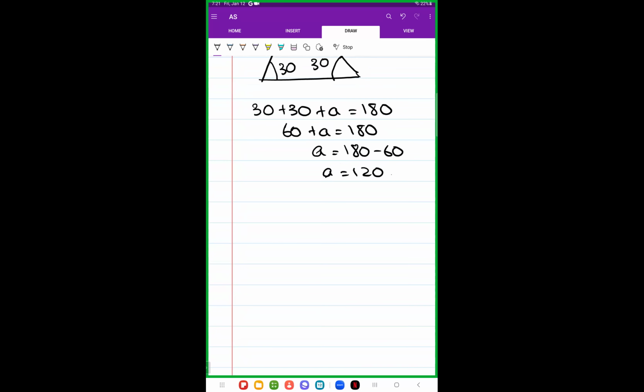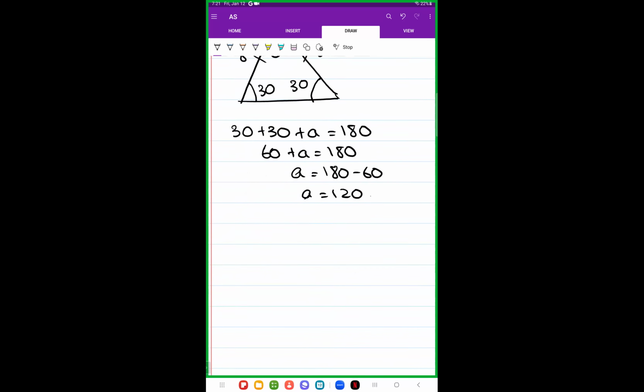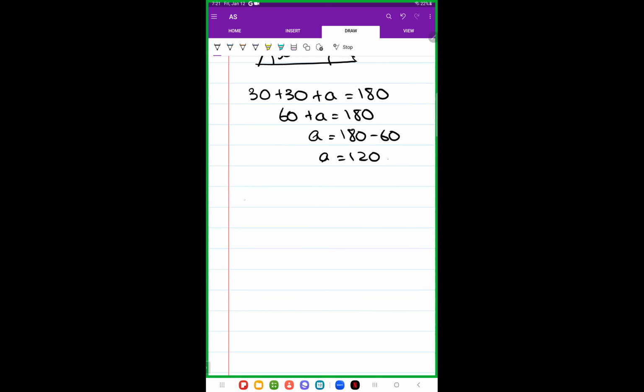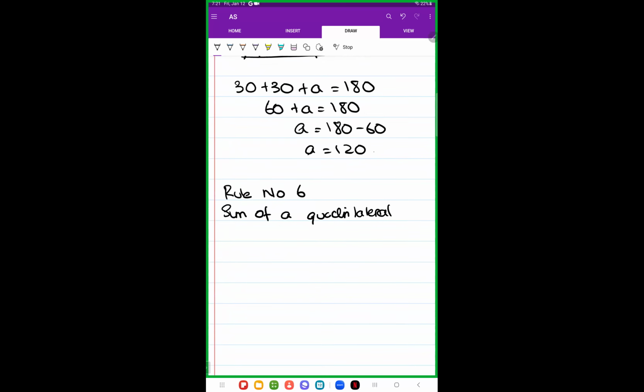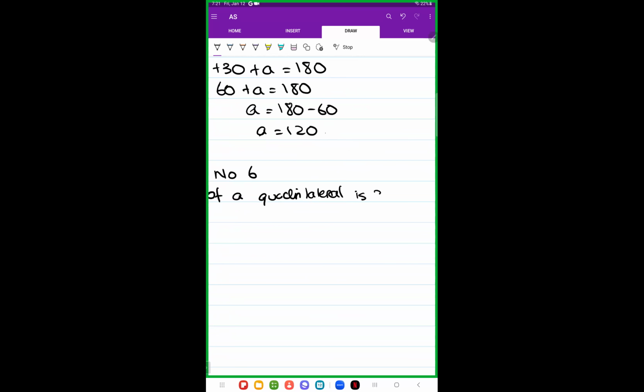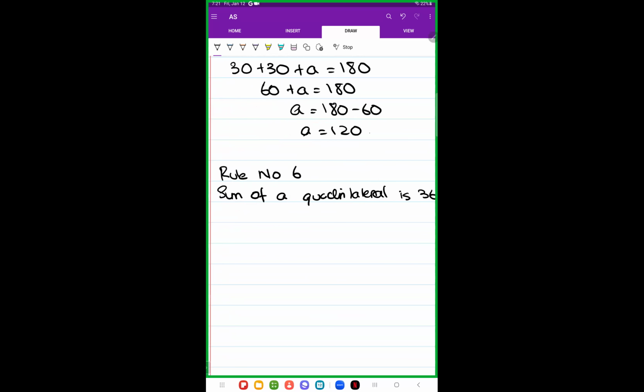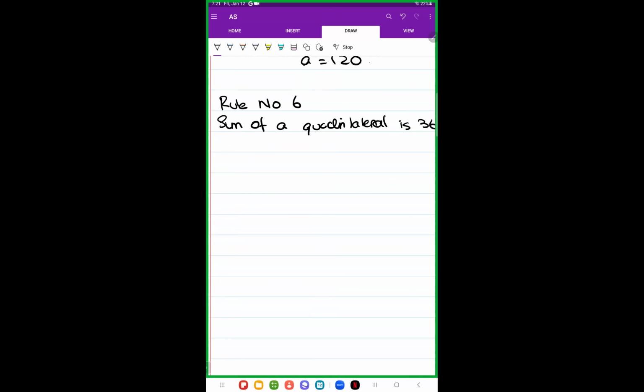Let's talk about rule number 6. The sum of angles of a quadrilateral is 360. What's a quadrilateral?